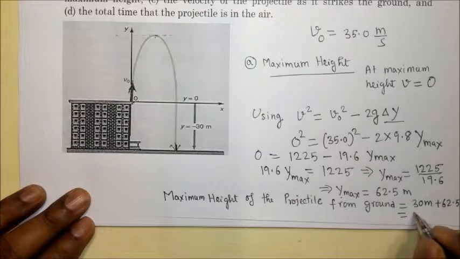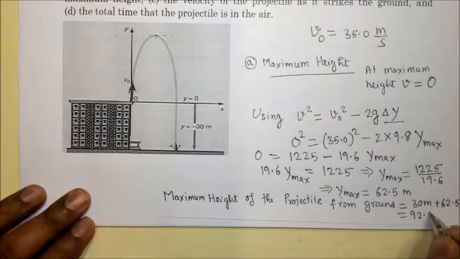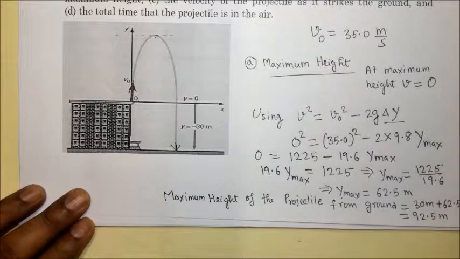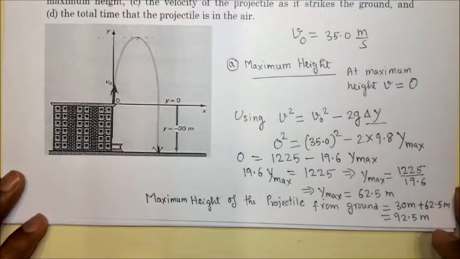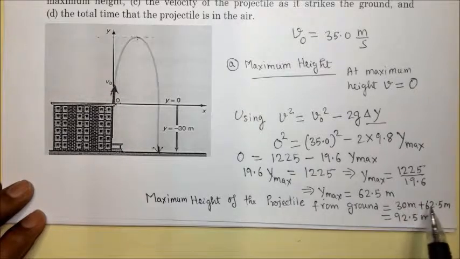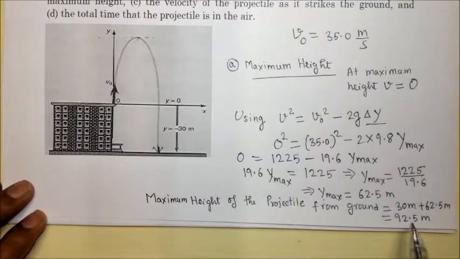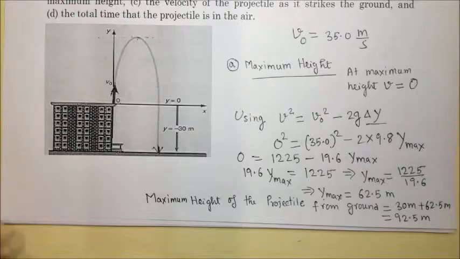This is equal to 92.5 meter. 30 meter plus 62.5 meter is 92.5.